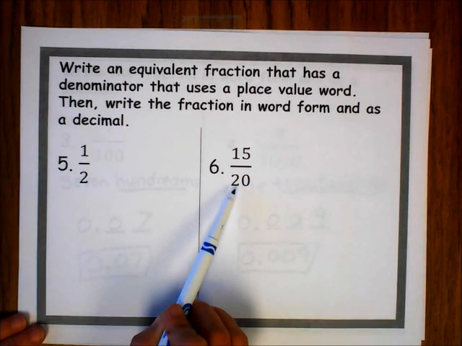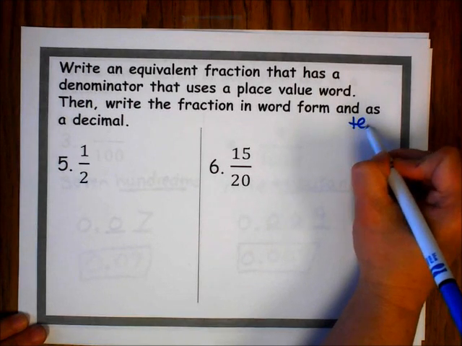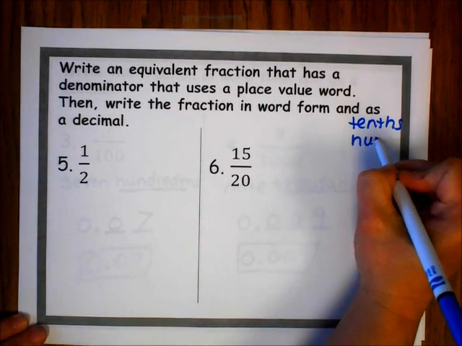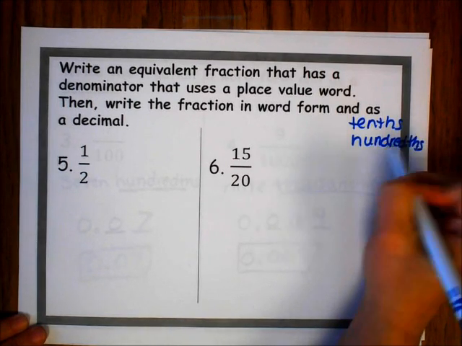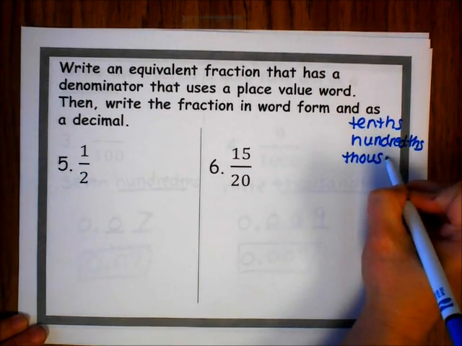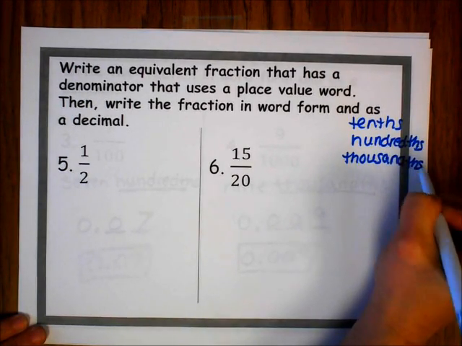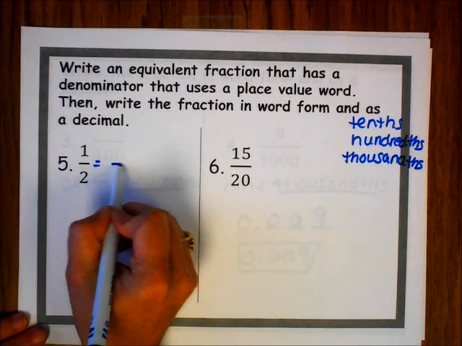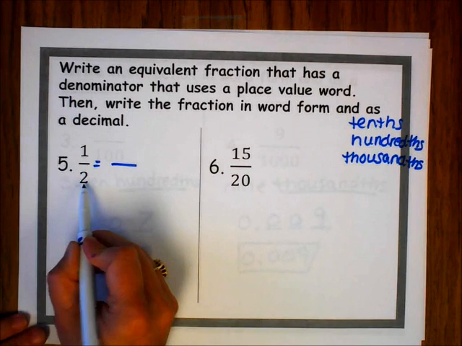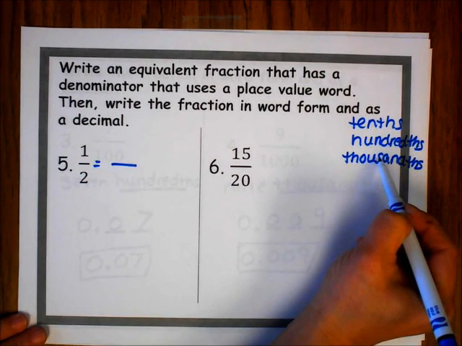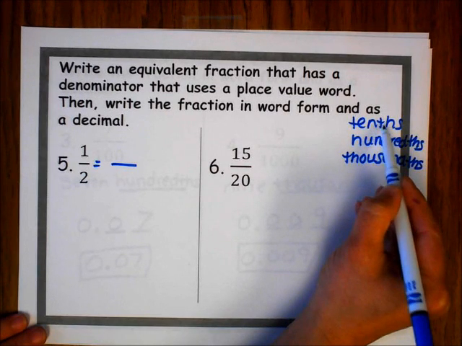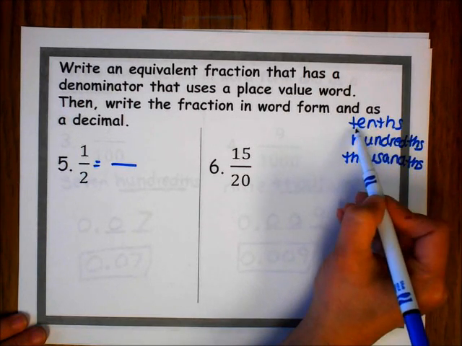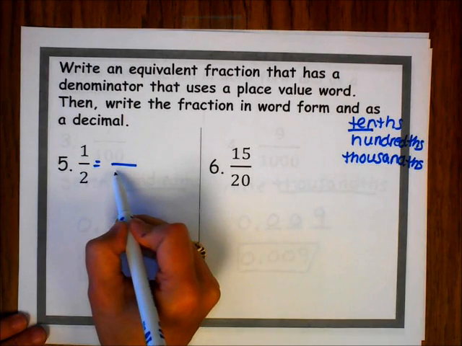But since these are not in tenths, hundredths, or thousandths, we want to see if we can write an equivalent fraction to change our denominators into tenths or hundredths or thousandths. So let's look at 1/2. I want to know, is there anything I can do to my denominator of 2 to change it into tenths, hundredths, or thousandths? Well, I can change it into a 10, or 100, or 1,000, but I like to go with the smallest choice, which is the tenths.